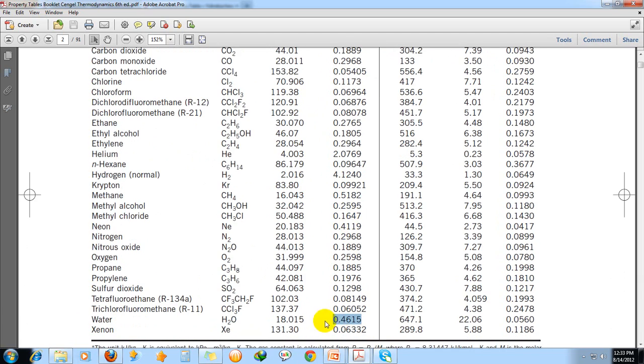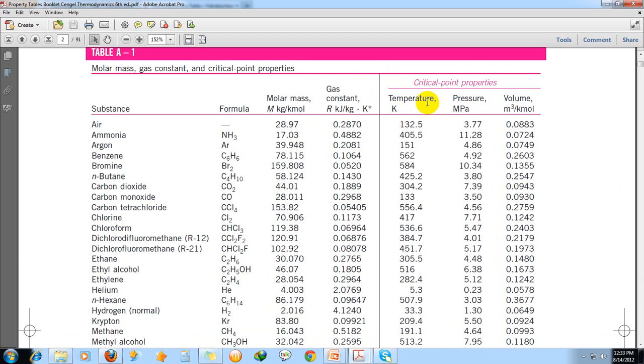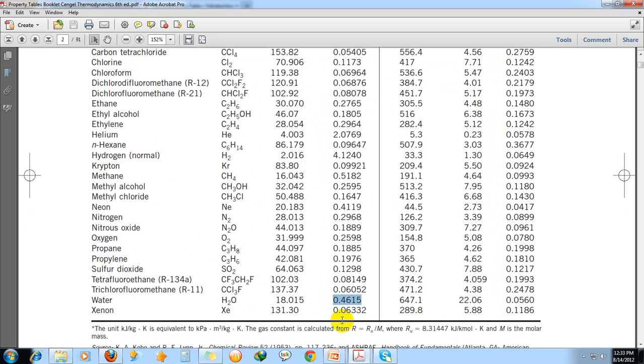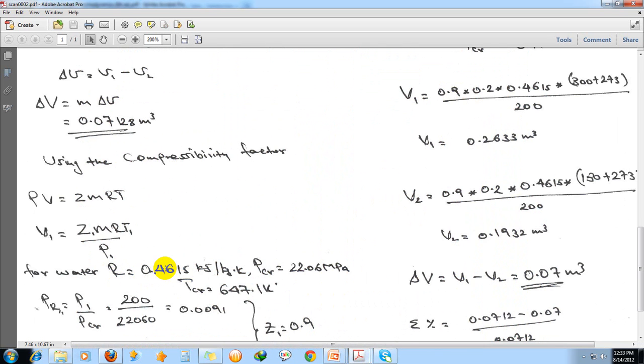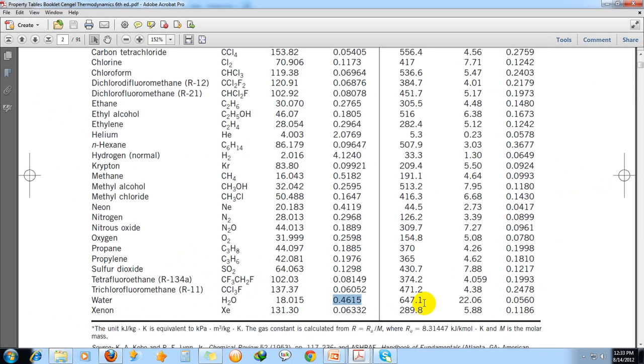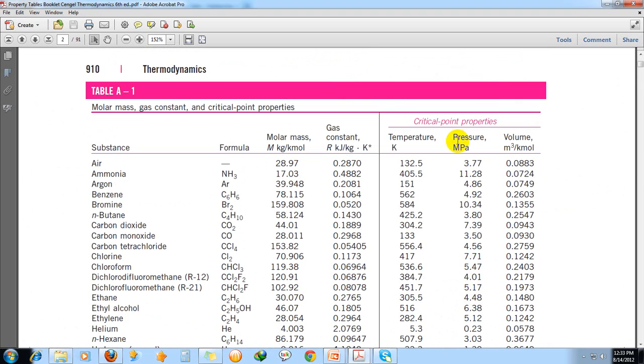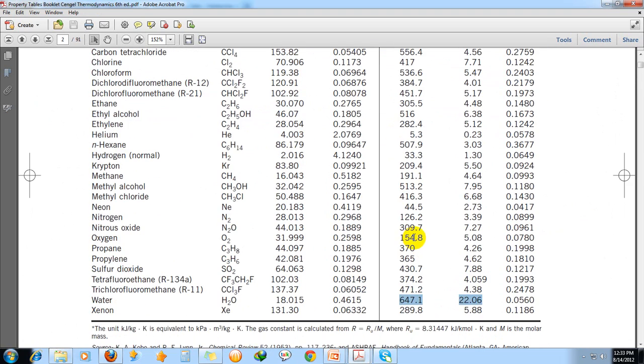Also, we can read the critical temperature, critical pressure, or critical volume if necessary. R is equal to 0.4615 kJ per kilogram Kelvin, and from this table T critical is 647.1 and P critical is 22.06.